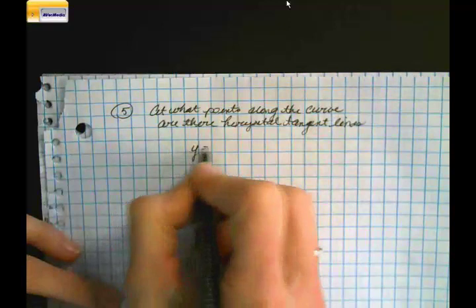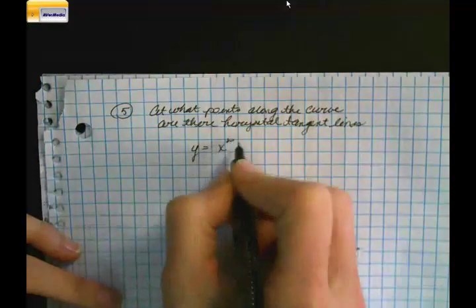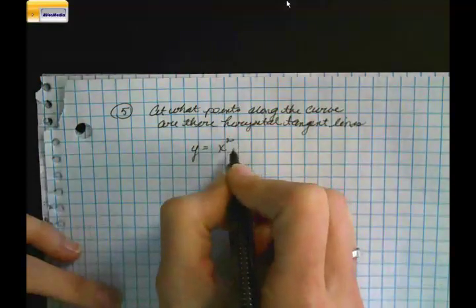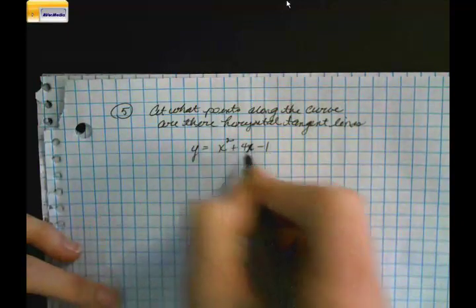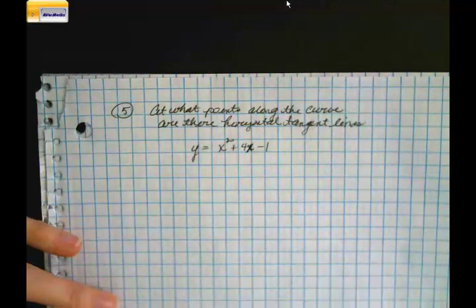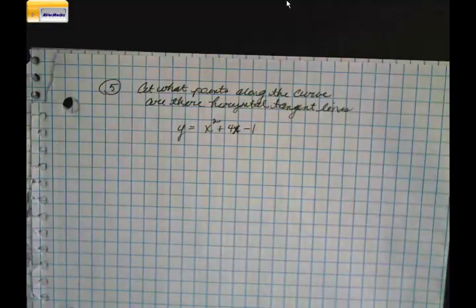And here's the curve. x squared plus 4x minus 1. So there's your curve, and the question is, where are you going to get a horizontal tangent line to that curve?